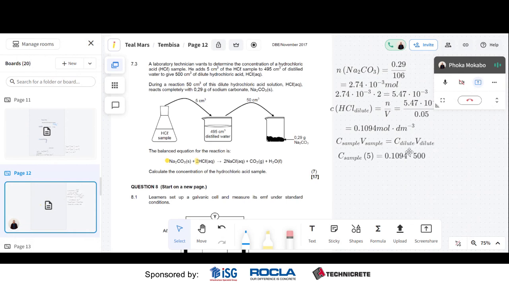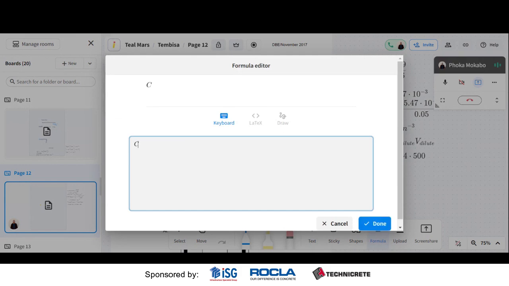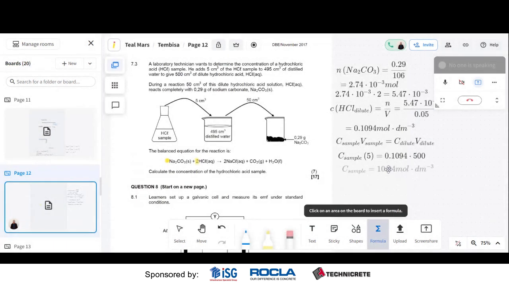Okay, multiply this, take the 5 to the other side by dividing, and essentially what you end up with is the concentration of the sample is therefore equal to 10,94 moles per decimeter cubed, which is very, very potent.